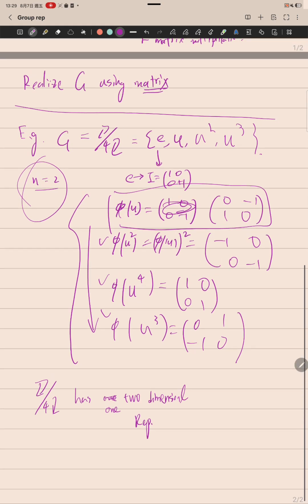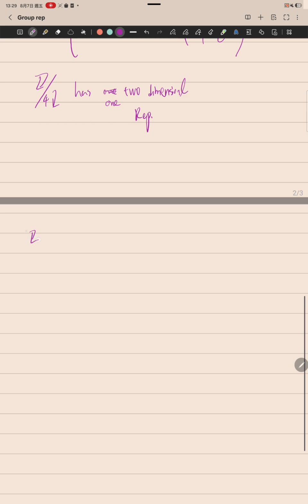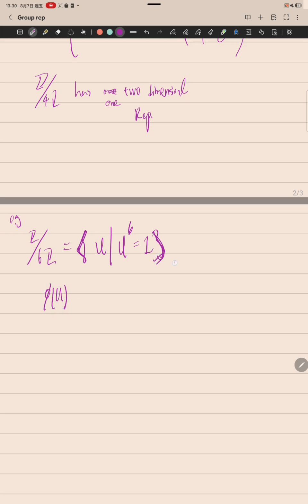This is a trivial example, so let's consider another example, Z mod 6Z, generated by U, where U to the 6 is the identity. I only need to determine phi of U. Let's consider n equals 1, meaning phi of U is just a number A, and A to the 6 equals 1. For non-triviality, I can pick phi of U to be exponential of 2 pi i divided by 6 times k, where k is either 0, 1, 2, 3, up to 5.